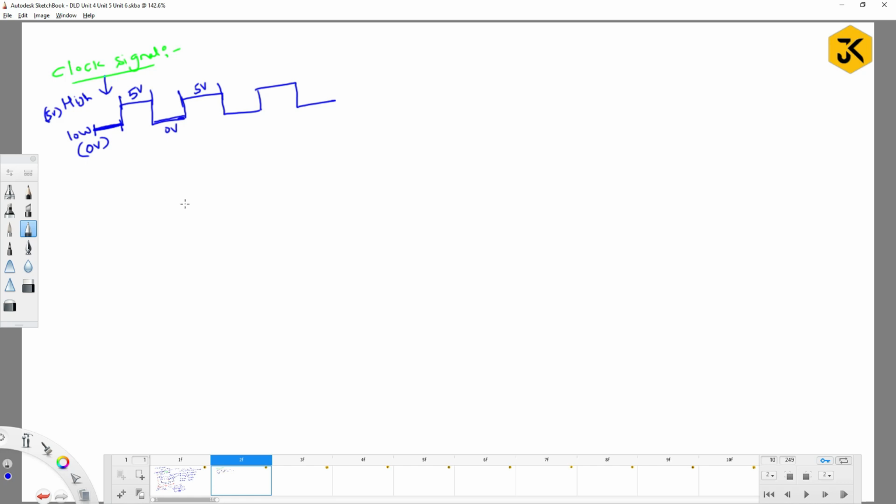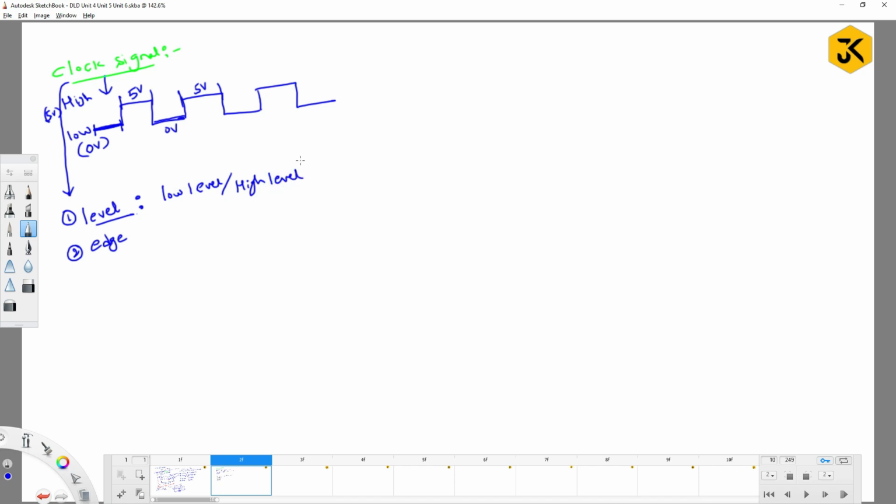So basically in the real world, this is classified again into two types: level clock signals and edge clock signals. Level clock signals means these work either at the low level or at the high level.